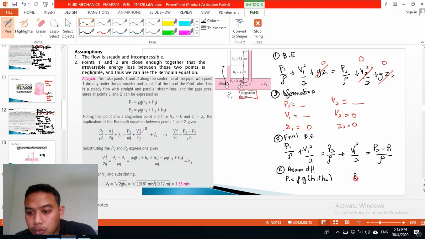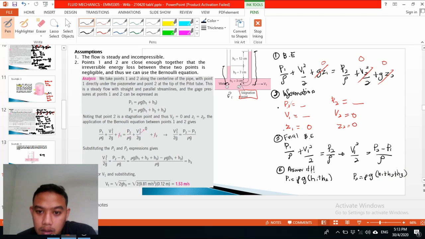And P2 is the point here, from here to here, so the formula is rho G (H1 plus H2 plus H3).